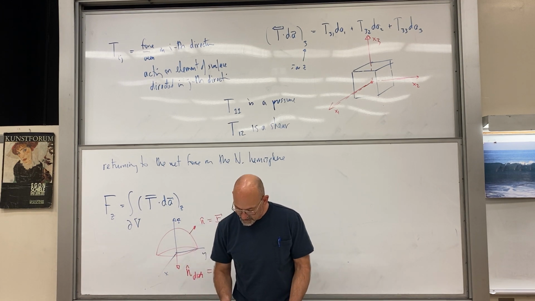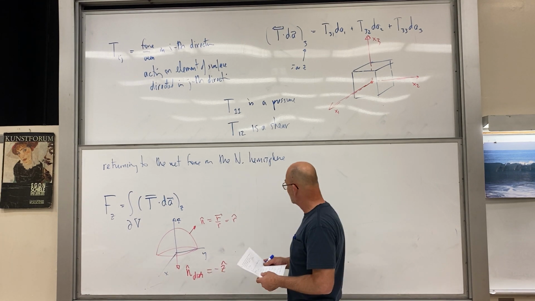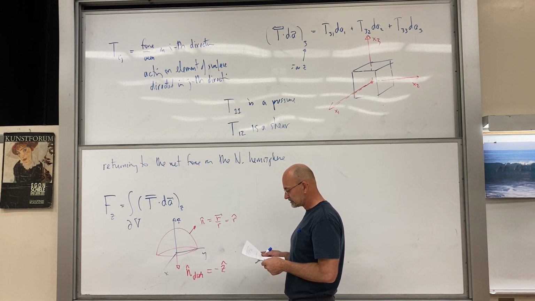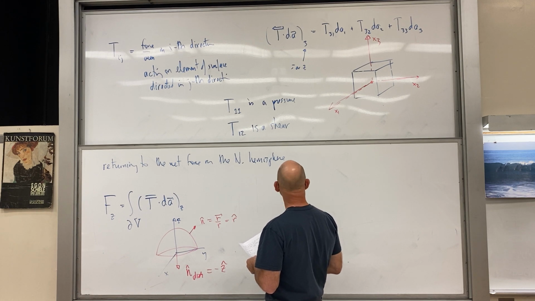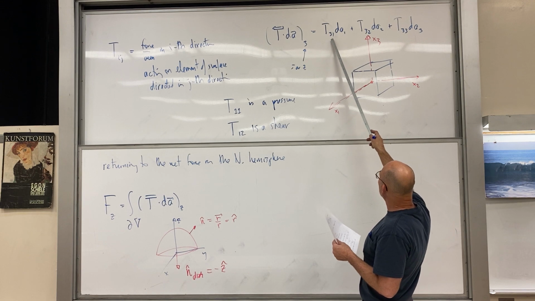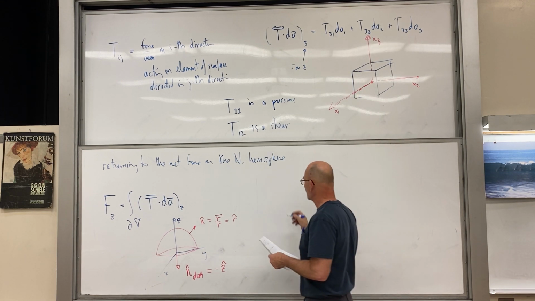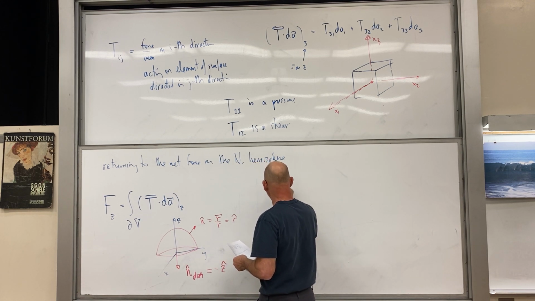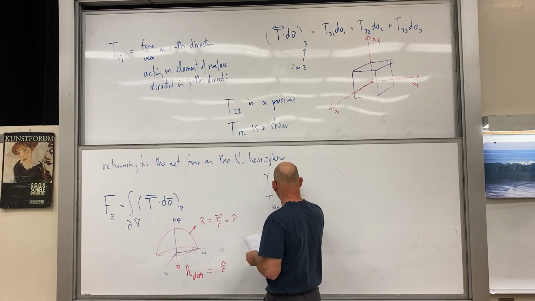So I calculated this out in excruciating detail. Let's see how much we're going to put up here. So first of all, Tzx, Tzy, Tzz. Okay. So we have Tzx, Tzy, Tzz.